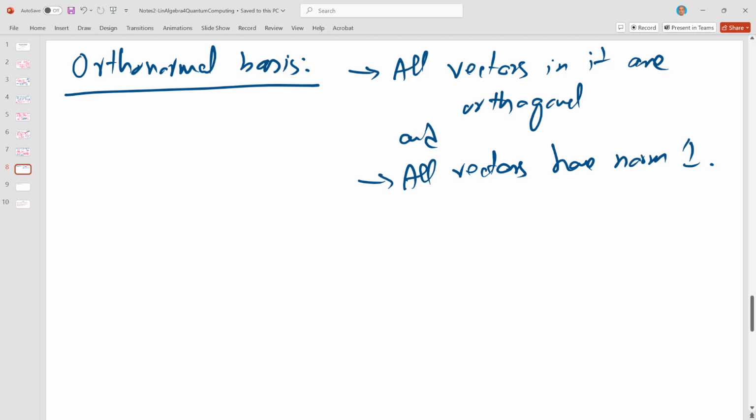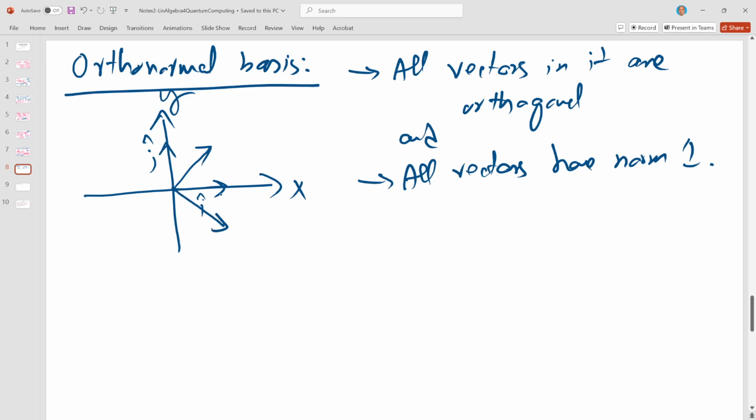All right. So the last thing about bases is this, that a given vector space can actually have an infinite number of bases. So for example, for the Cartesian space, we can have these two vectors as bases, so i and j, but we can also have these two vectors as bases.